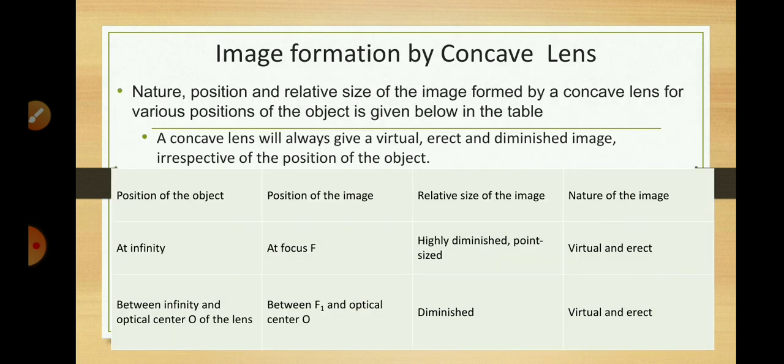This one is another table which gives the nature, position and relative size of the image formed by a concave lens for various positions of objects. A concave lens will always give a virtual, erect and diminished image irrespective of the position of the object. So in case of a concave lens, wherever the object is, the nature of the image will be virtual and erect, and the size will be diminished as compared to the object size.